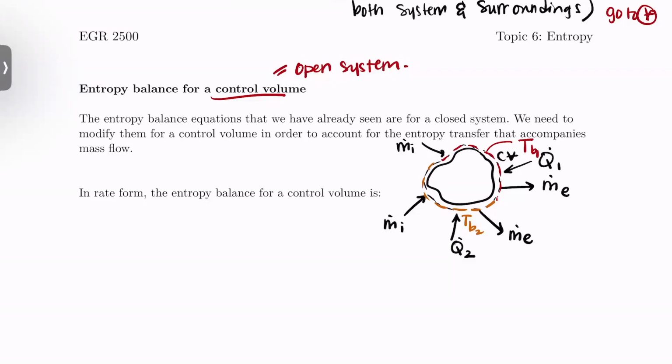Okay, so in rate form, this equation for entropy balance looks like the following.